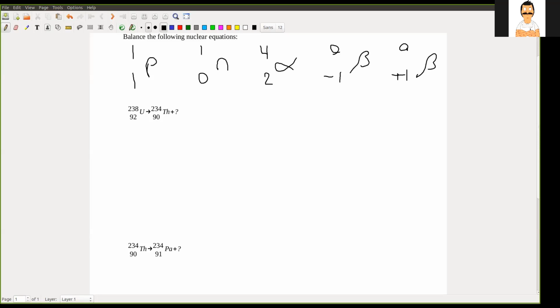An alpha particle is essentially like a helium nucleus. It has two protons and two neutrons, which is why it has a 2 at the bottom and 4 at the top. A beta particle is identical to an electron, and that's why we sometimes call it an electron instead of a beta particle.